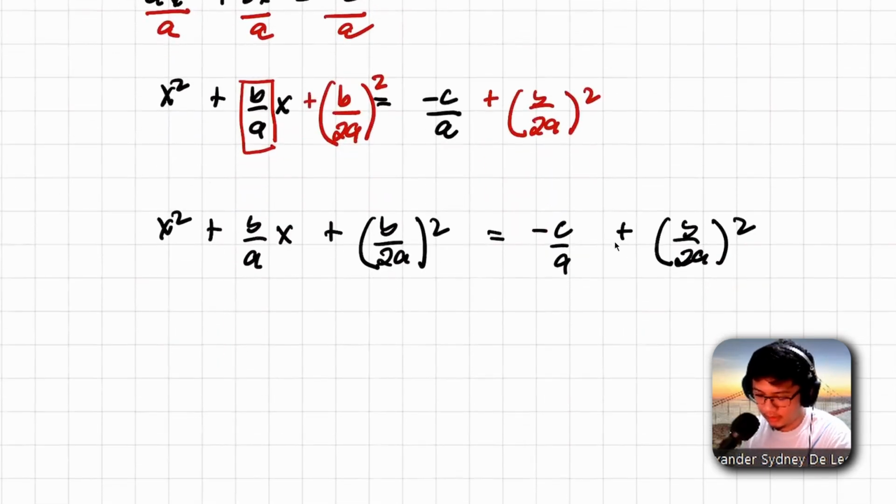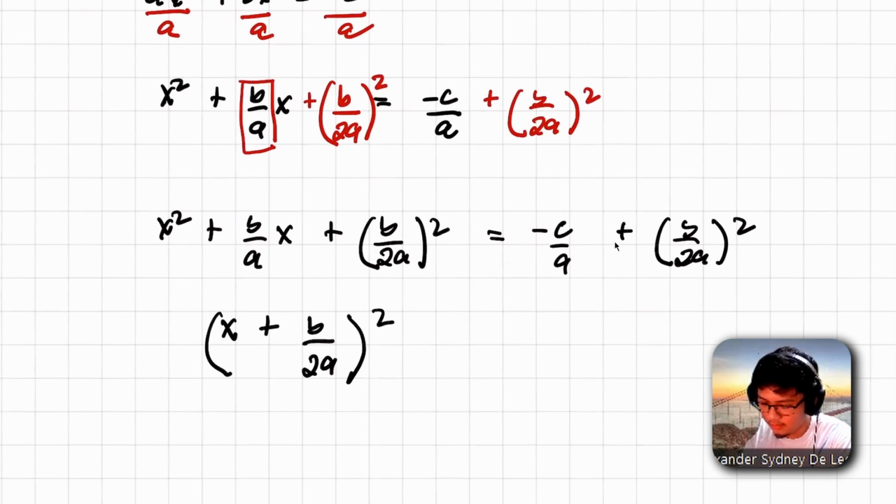So, where do we go from here? I-factor na natin ngayon itong left side. So, para i-factor yan, gagamitin lang natin ito, itong nasa loob. Okay? So, x plus b over 2a, then square that.